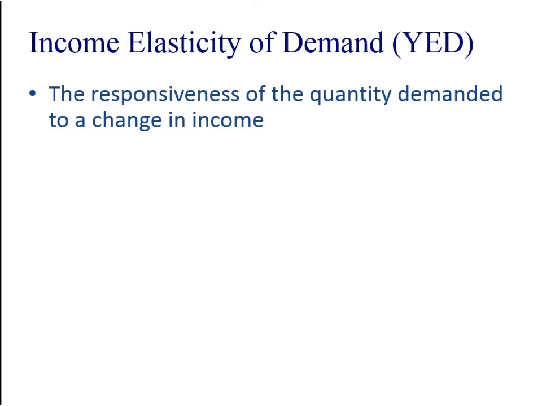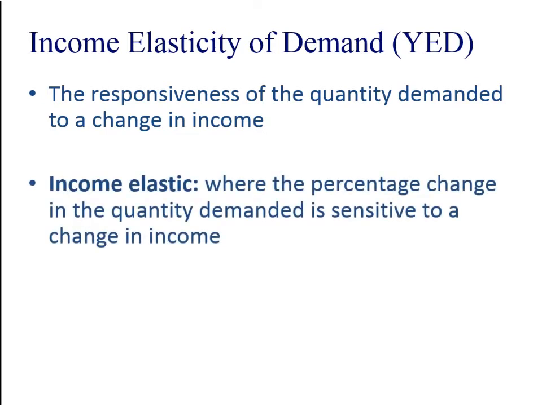Okay, so definition here, the responsiveness of the quantity demanded to a change in income. When you work out the figures, you're going to get results, and they will either come out as income elastic, and so this is where the percentage change in the quantity demanded is sensitive to a change in income.